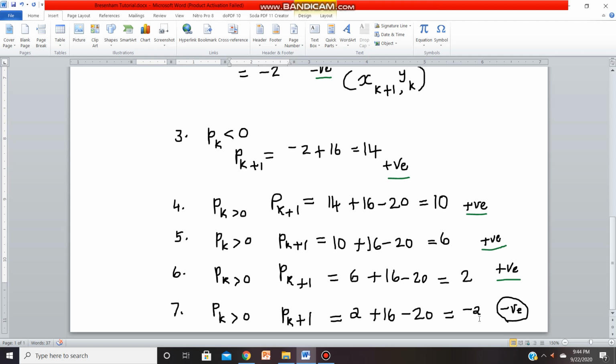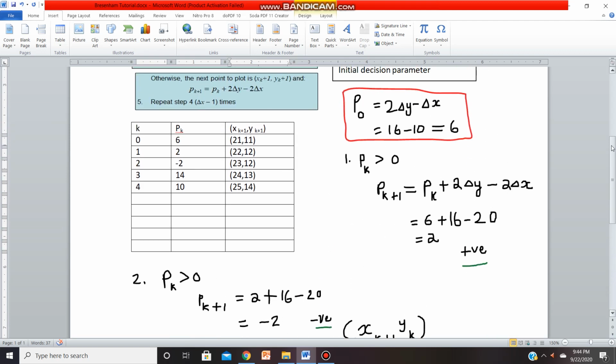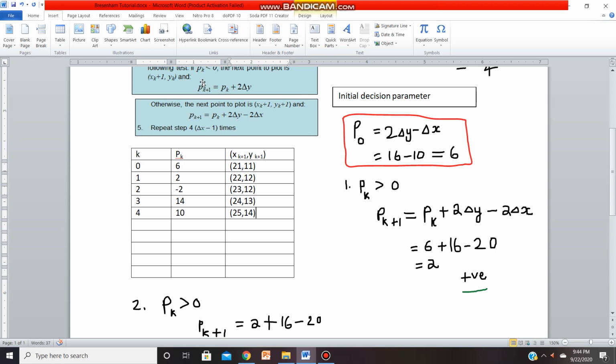And the next time I need to choose the equation for a negative value. Okay, I need to choose not this equation, the different equation. Which was the equation? In that case I need to choose this equation: pk plus 1 is equal to pk plus 2 delta y. So I will be continuing like this and I am going to get all the pixel positions.